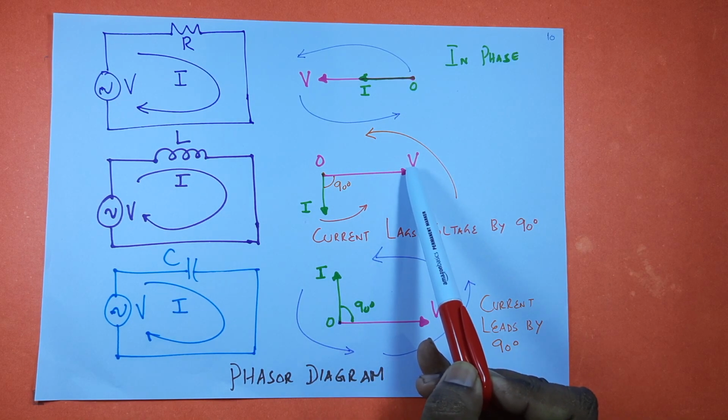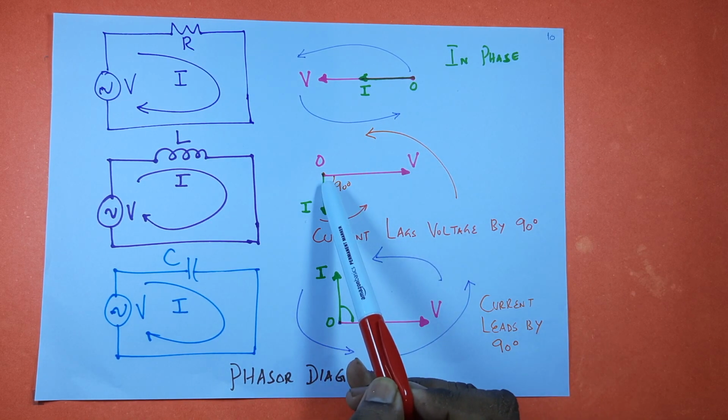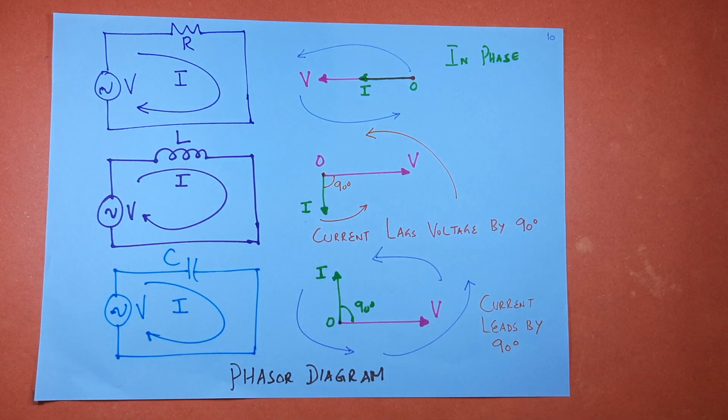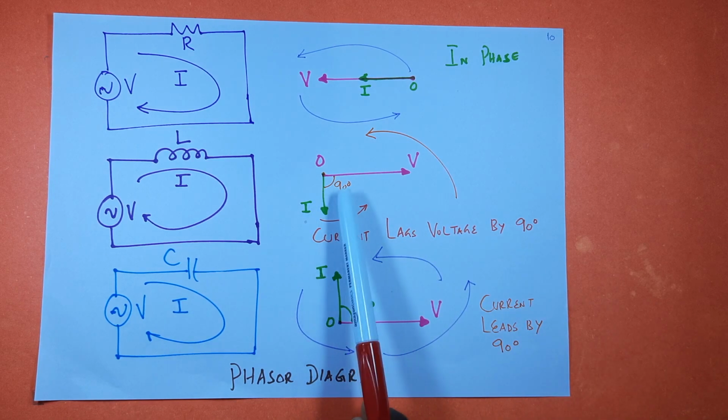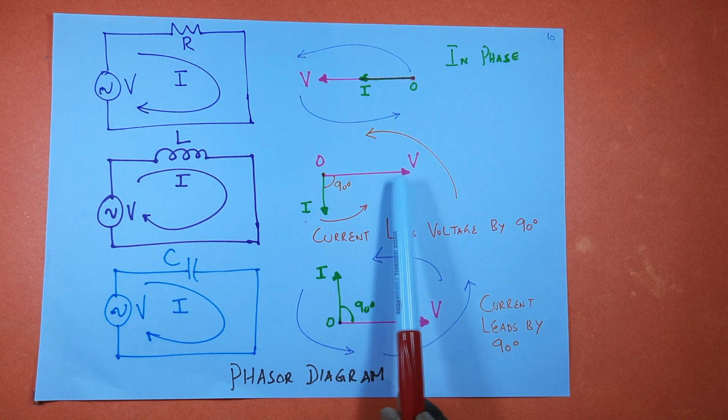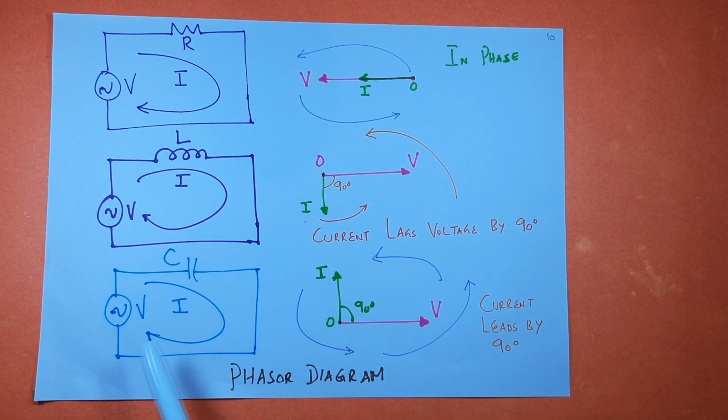First is this voltage, followed by this current. So I can say in a pure inductance, current lags voltage by 90 degrees. Normally we say leading or lagging in terms of current. Here, current is lagging behind the voltage by an angle of 90 degrees.